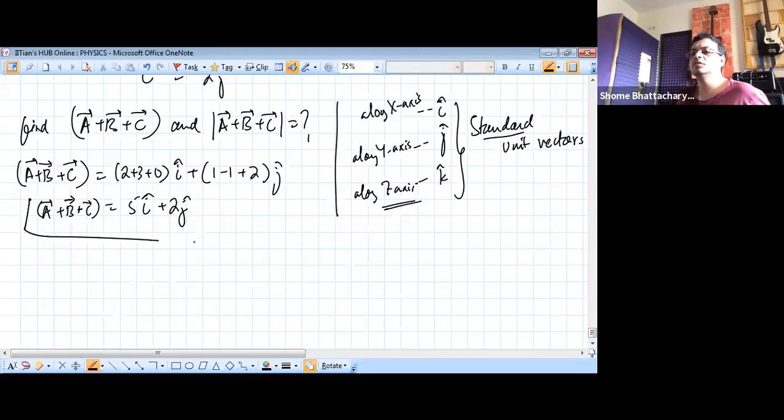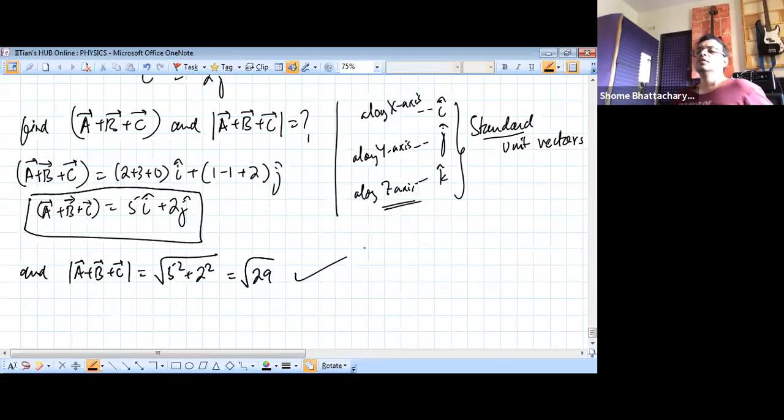So this is one thing. The next is mod of a plus b plus c, which is the square root of 5 square plus 2 square, as all of you got. So this is about the component algebra applications.